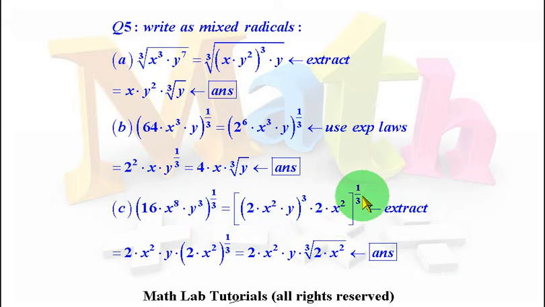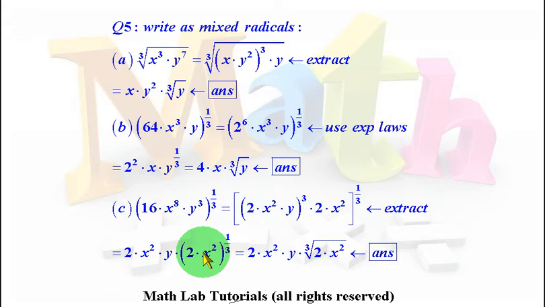And then we can use exponent laws over here to extract. Okay, we know that something cubed to the power 1/3, 3 dot 1/3 is 1. So we get 2x squared dot y, there it is. And then we're left with this, which is 2x squared to the power 1/3.